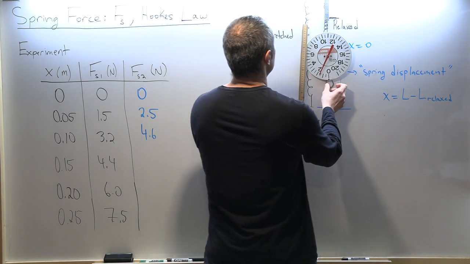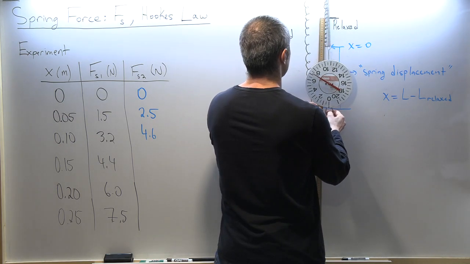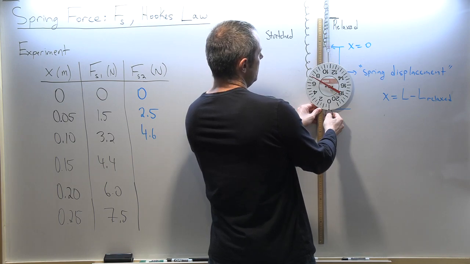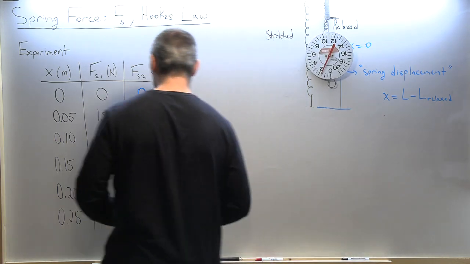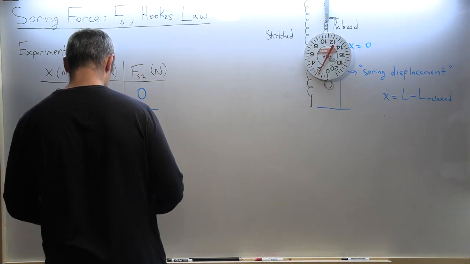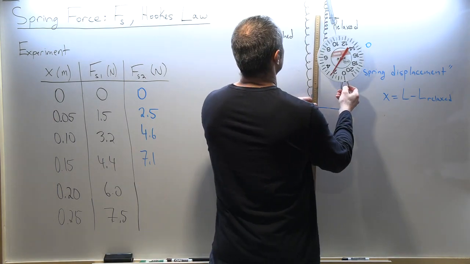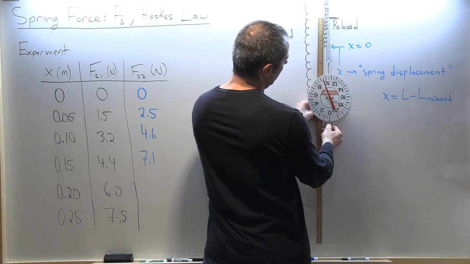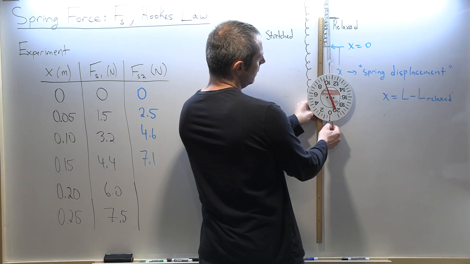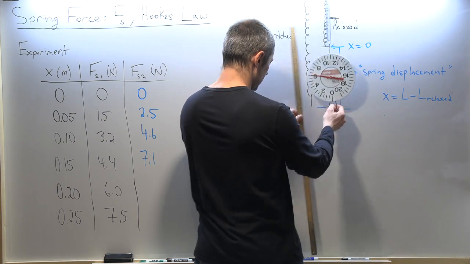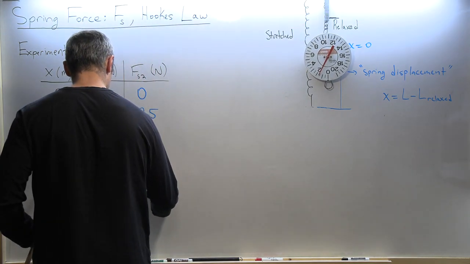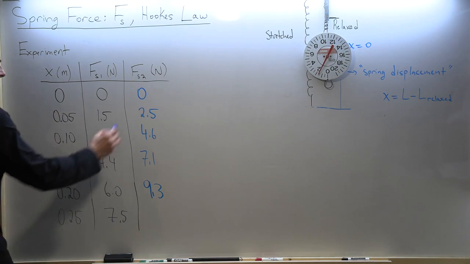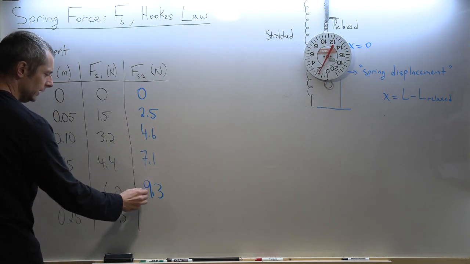Let's try 15 centimeter displacement, and I get about 7.1 newtons. 20 centimeter displacement, and I get about maybe 9.3. And so you still see that as this gets bigger, this grows by approximately a constant rate.